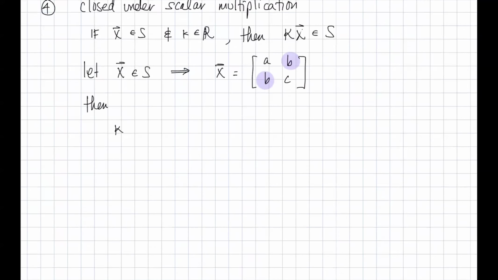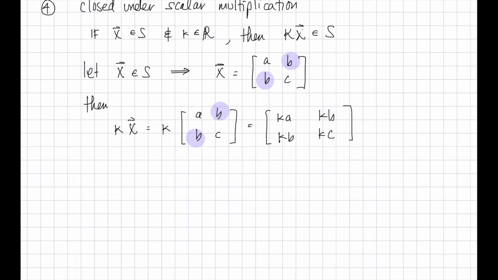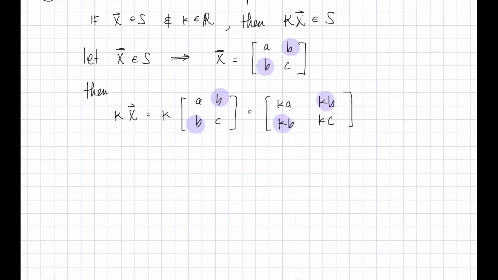Then k times x is k times [a, b; b, c], which again has that symmetric structure. And then I'm going to use the definition of scalar multiplication. This is [ka, kb; kb, kc]. I still have that symmetric structure. That is to say, those two positions are still equal. If you want to call them something different, you can, like h, k.